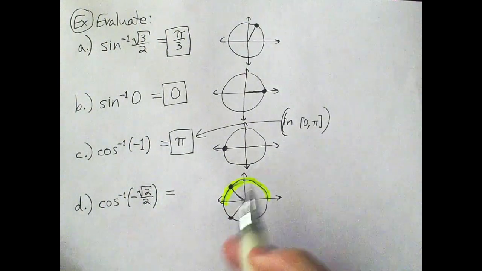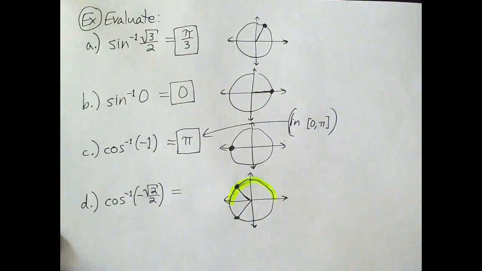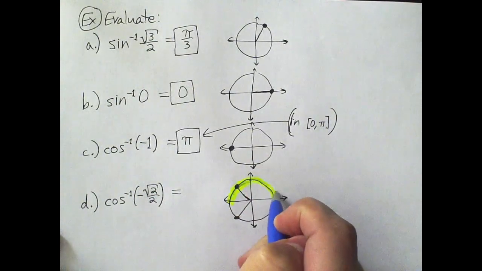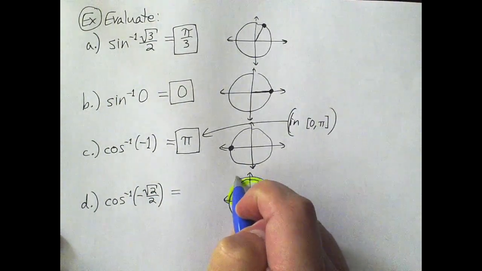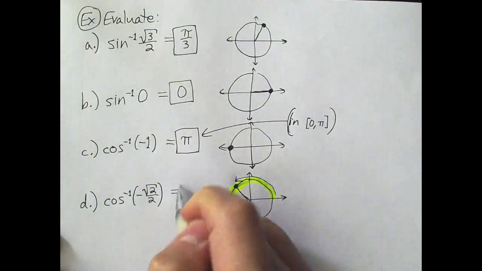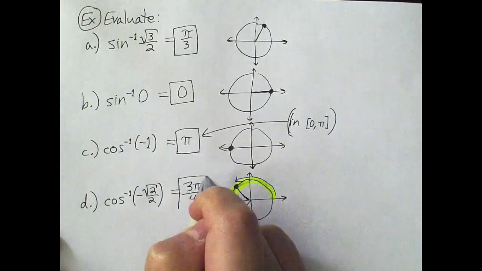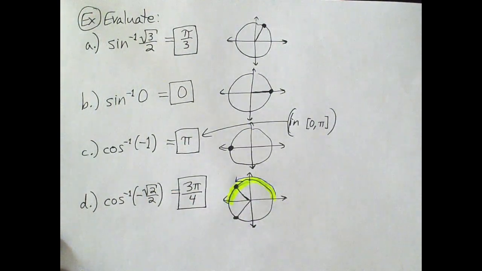So you can just rule out the other possibility. And then you just have to ask yourself, all right, what number am I looking for? What's the t value? How far around would I have to go to get here? And it's going to be 3 pi over 4, because it's 3/4 of the way to pi.